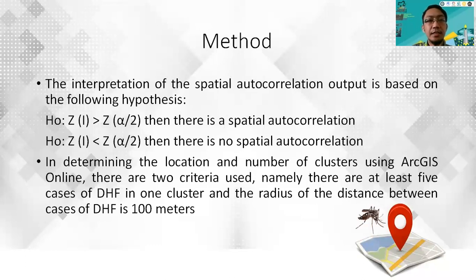H0: if ZI is higher than Z alpha per 2, then there is a spatial autocorrelation. But if ZI is lower than Z alpha per 2, then there is no spatial autocorrelation. In determining the location and number of clusters using ArcGIS Online, there are two criteria used. Namely, there are at least 5 cases of DHF in one cluster, and the radius of the distance between cases of DHF is 100 meters.